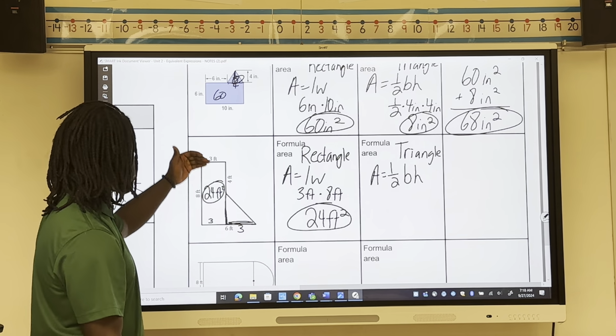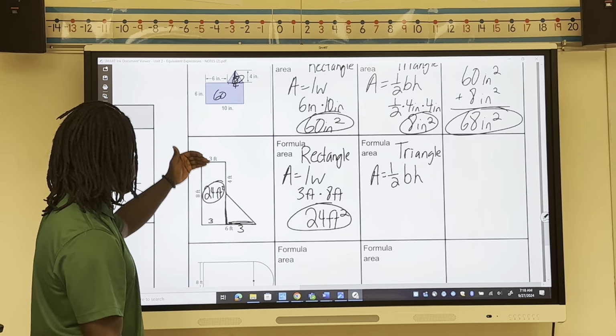All right, we got another rectangle and another half circle. So we got a rectangle, and I'm gonna say half of a circle, or semicircle. All right, formula for the area of a rectangle is length times width. Formula for the area of a circle is 1/2 pi r squared, okay?